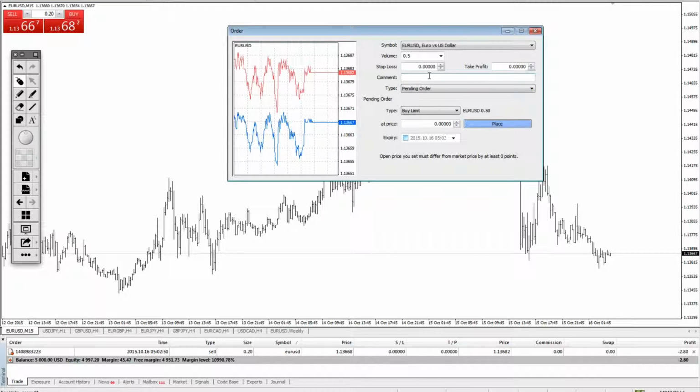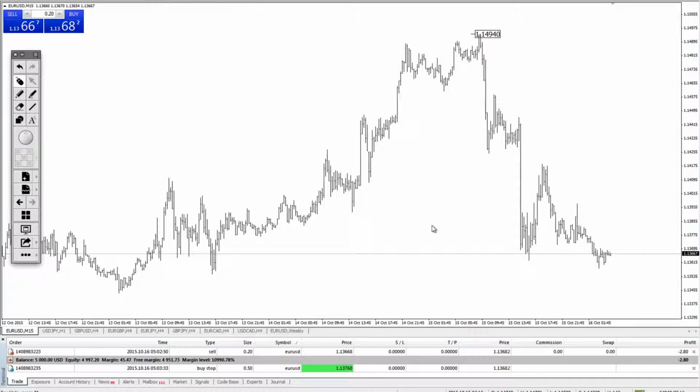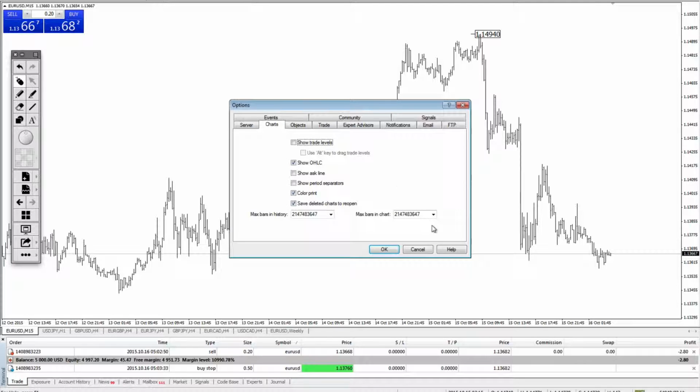So pending order and buy stop at 113.76 right there.